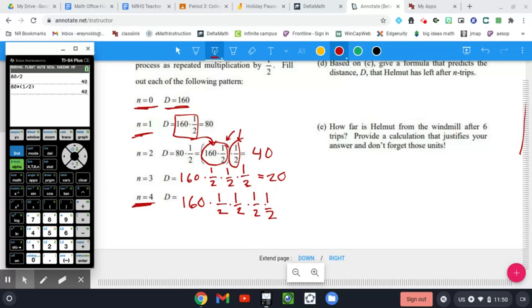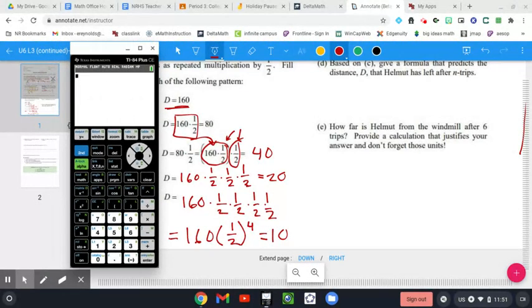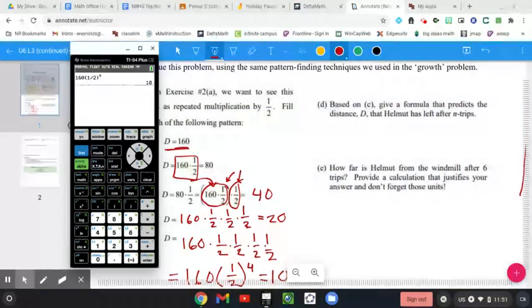There is a nicer way of writing this, and it is using exponents, right? 160 times 1/2 to the 4th power. That got us 10. We can double check that our formula is working in our calculator. Times 1/2 raised to the 4th. That is 10. So we're on the right track here.